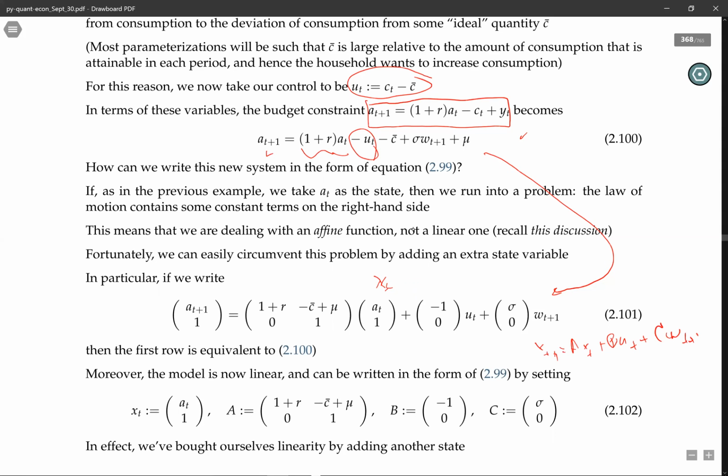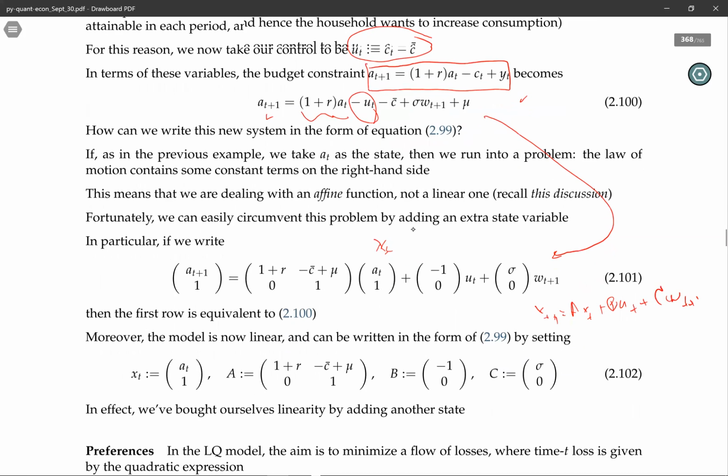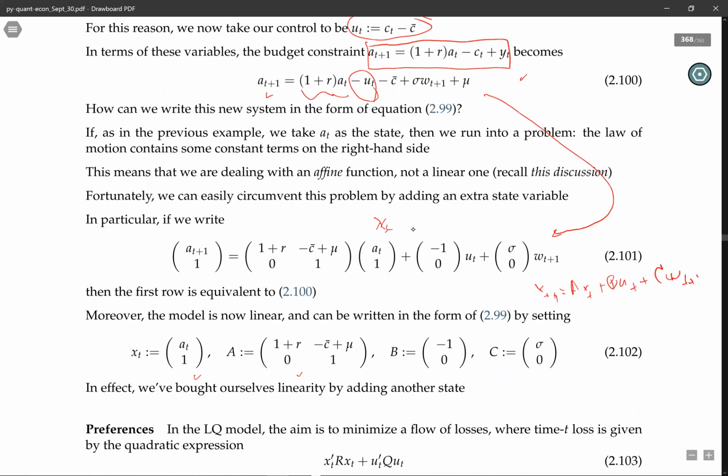So I've given you matrices A, B, and C. So there's my definitions of the state, the transition matrix, my control matrix, my control vector, and my volatility matrix. Okay, so I'm half done formulating my problem.